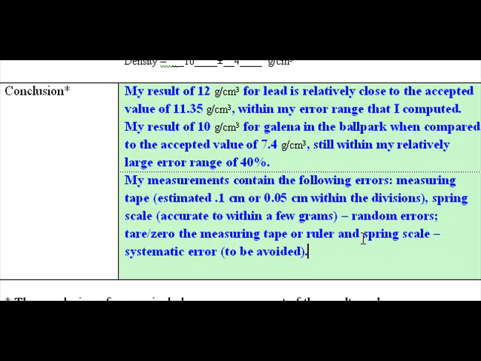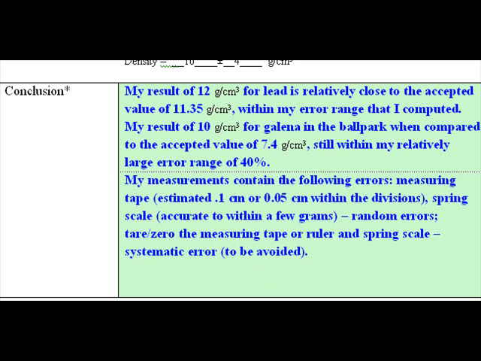Now, in my case, you may have seen it as I hooked on the lead cube. You may or may not have noticed that there was a little hook on the top, which is actually a brass hook. So my lead cube actually contained a brass hook that should not be measured.